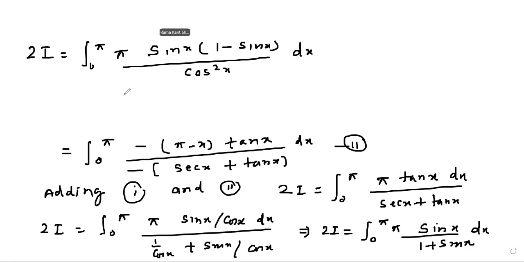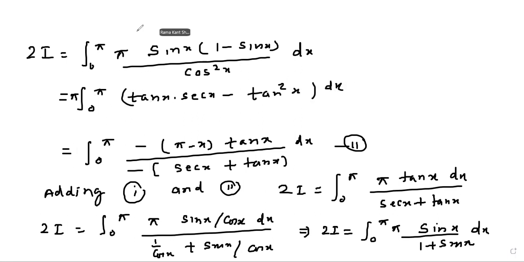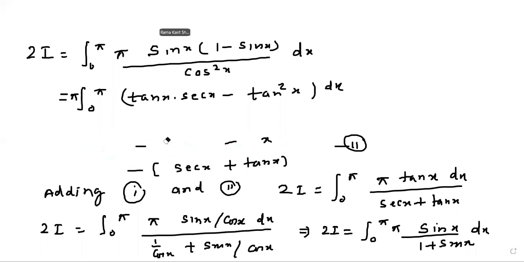Now we divide each term by cos square x. So 0 to pi, we can keep pi outside. Then sin x divided by cos square x will give tan x times sec x minus sin square x divided by cos square x will give tan square x dx, which can be further written.